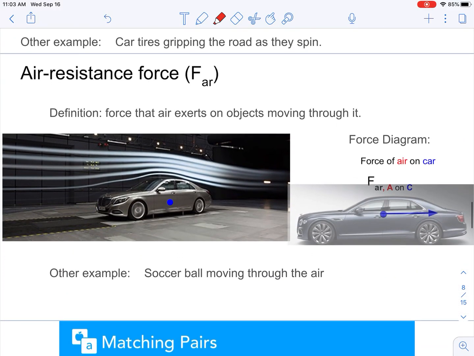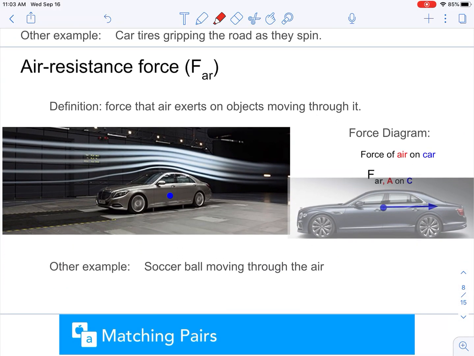There's also another force, the force of air resistance. Sometimes people call it air friction. But air resistance really is the fact that this object that's moving, like this car, has to push the air out of the way to go through it. And that's going to slow down or resist the motion of the car.